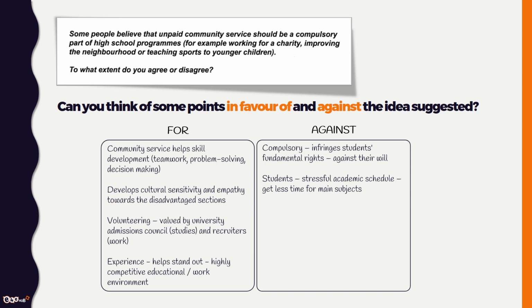So naturally, I completely agree with the idea suggested in the question that yes, it should be included in high school programs because of the benefits they get, as well as it improves their prospects for higher studies and work if they opt to work and not study further after high school.